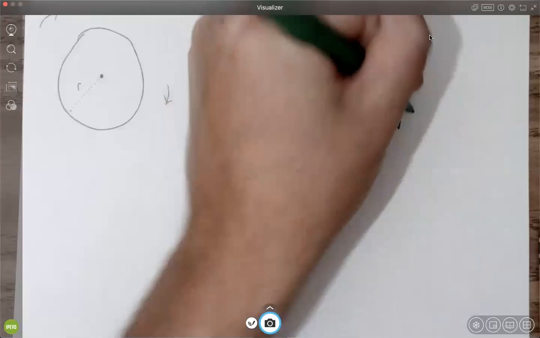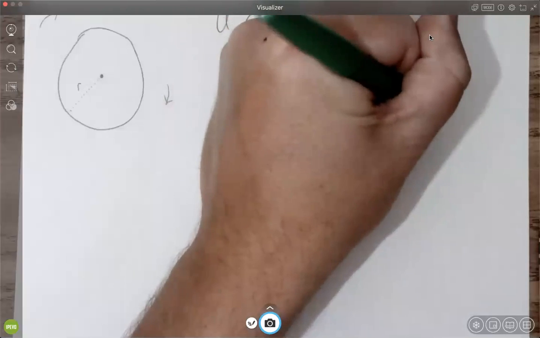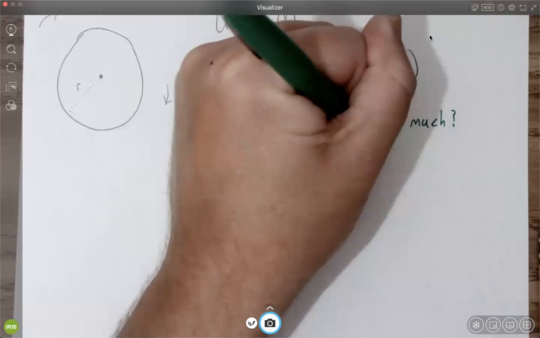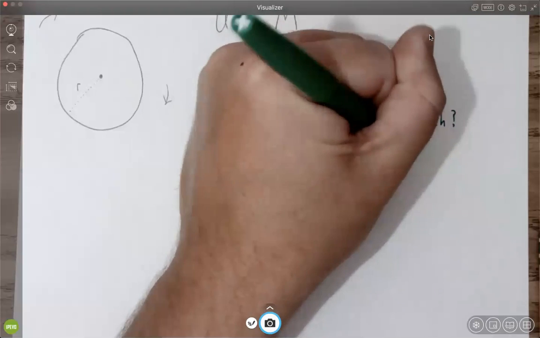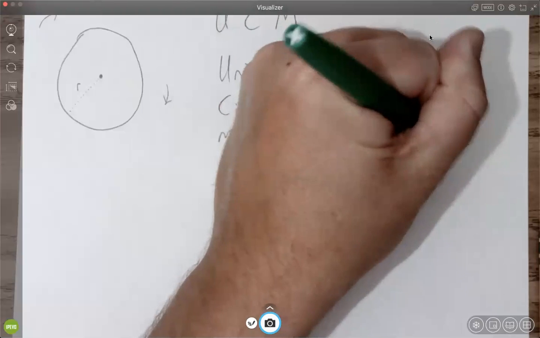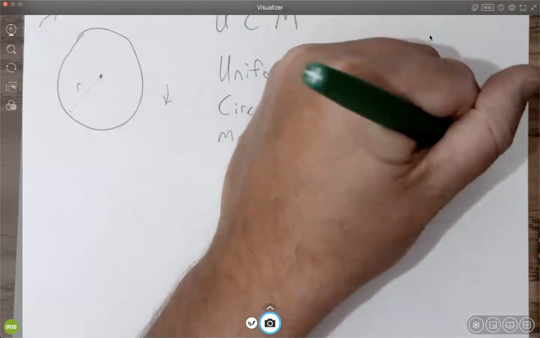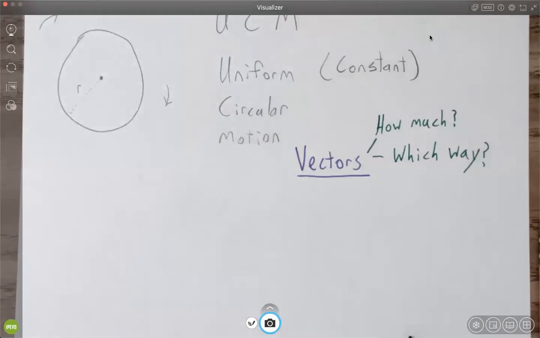It's going to tell us how much and which way. So a vector tells us how much and which way.